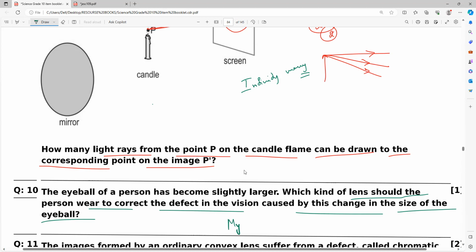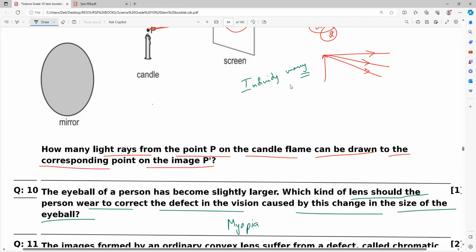Myopia. So for myopia we have two reasons. One is the eyeball size, the eye size is too large, or the curvature of the lens is excessive. What are the two reasons for myopia? Excessive curvature or eyeball size is too large.